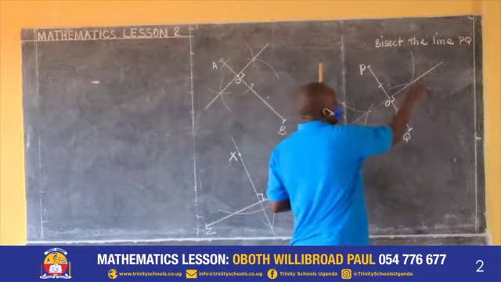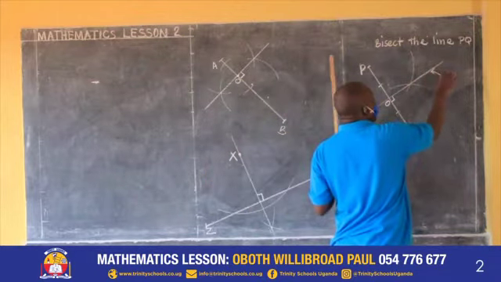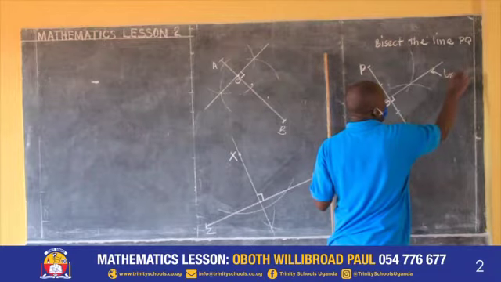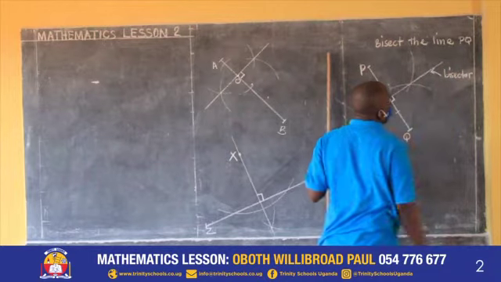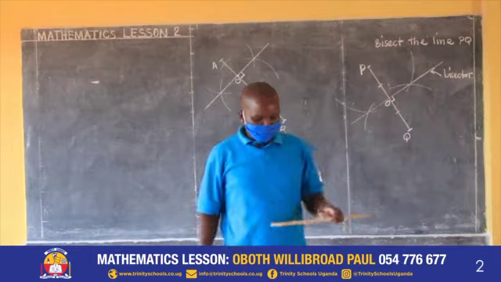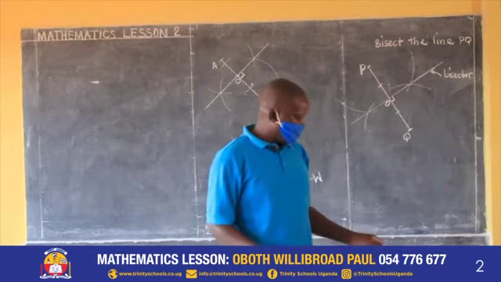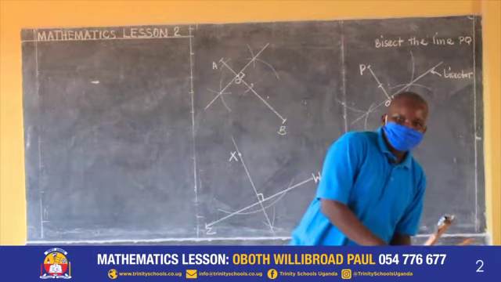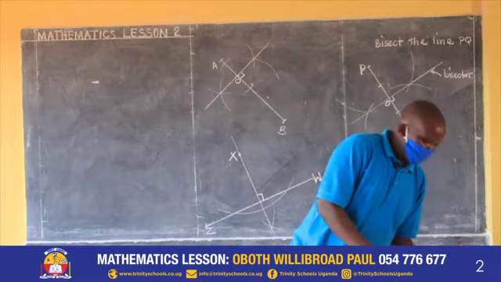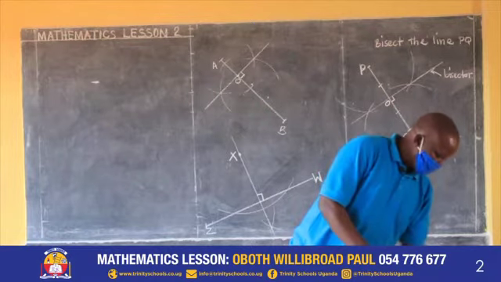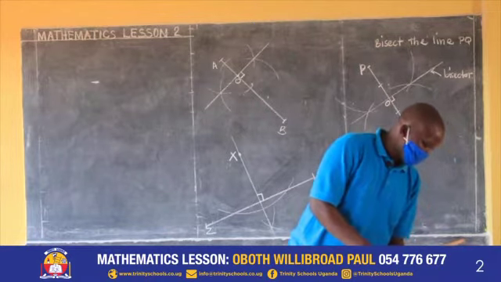Now this line that bisects a given line is called a bisector. So when you hear of the word bisector, don't say someone is abusing you. That is a line that bisects another line.